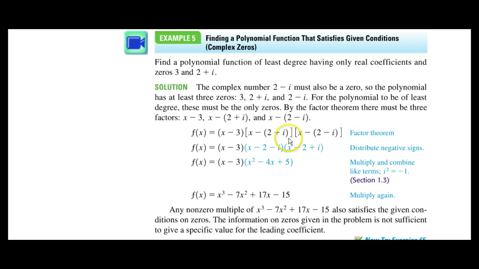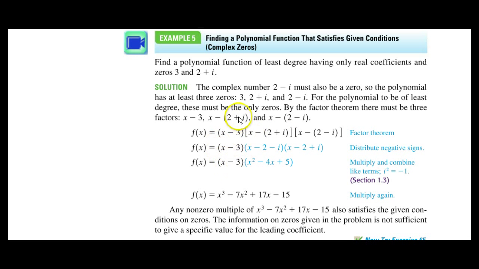So again, the background here is to know that you had to use a conjugate in order to get x squared, which would give you, I should say i squared, that would give you a negative 1, which changes it from imaginary numbers to a real number.